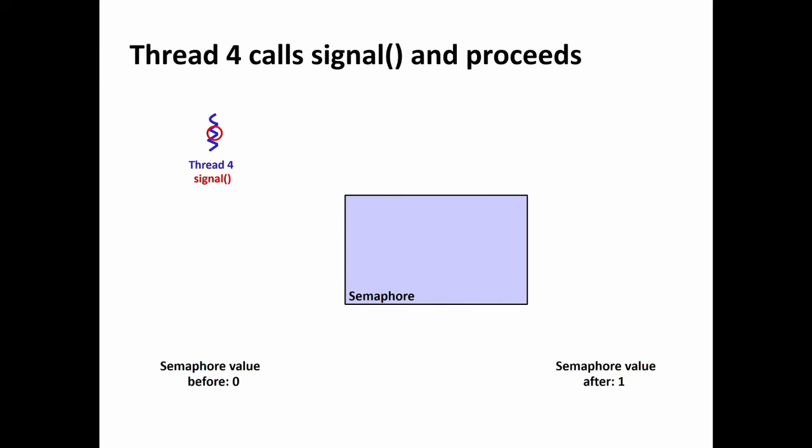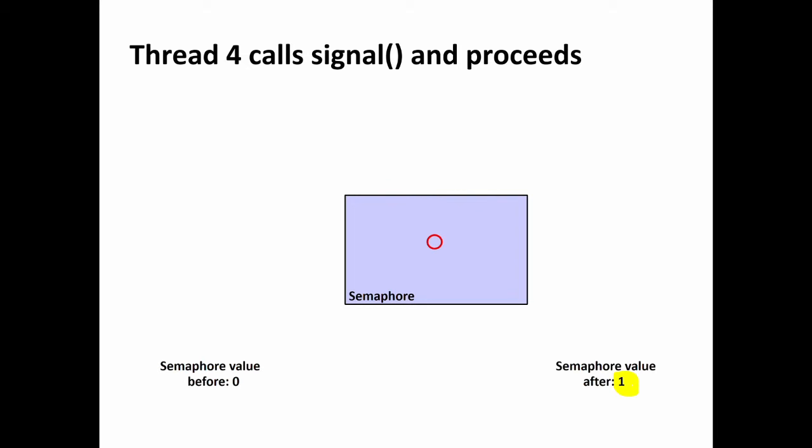If thread 4 comes and drops a token and moves away, we are back to our value of 1. Once we understand this metaphor, it's very easy to understand why it's called up or down, or signal and wait.